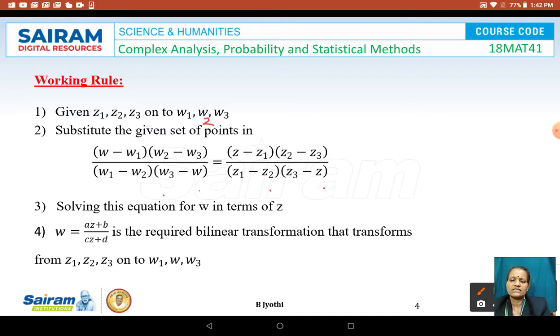On solving this equation for W in terms of Z, we get it in the form W = (AZ + B)/(CZ + D). That is the required bilinear transformation that transforms the points Z1, Z2, Z3 onto W1, W2 and W3. This is the working procedure.